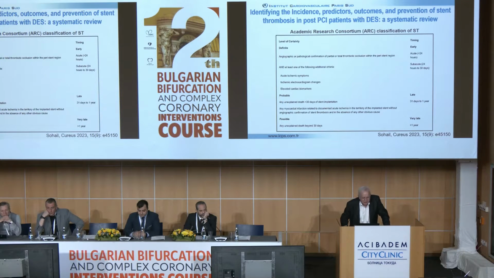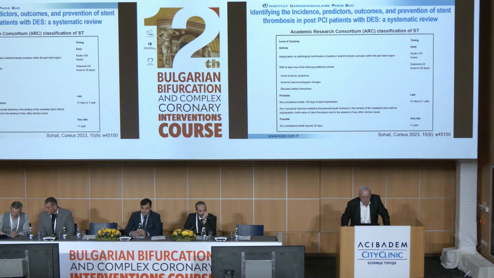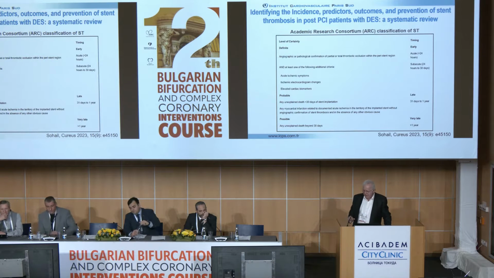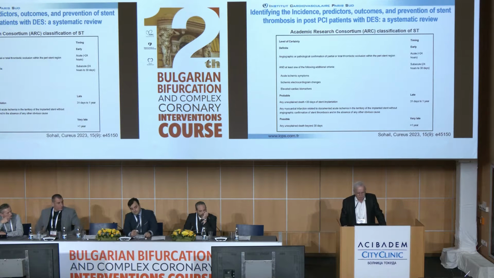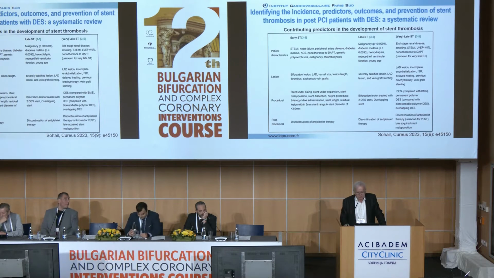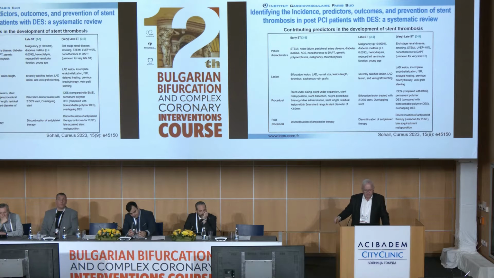Probable is any unexplained, less than 30 days of stent implantation, any myocardial infarction, and possible when you have a death which is unexplained by other factors. So this is used in core labs and CROs everywhere to adjudicate.